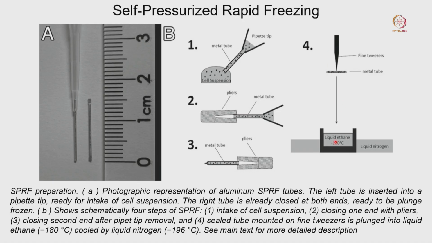When this entire thing is frozen at liquid nitrogen temperature, we use the cryo ultra microtome and perform the sectioning. When sectioning is done, we can use those thin section samples for imaging purposes.